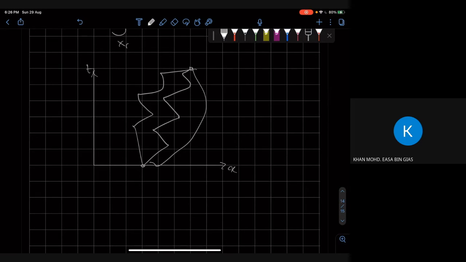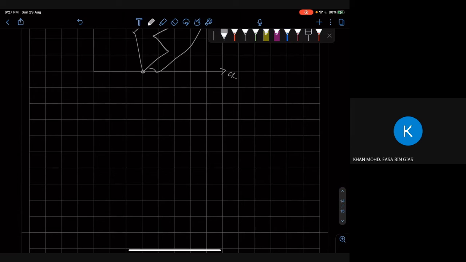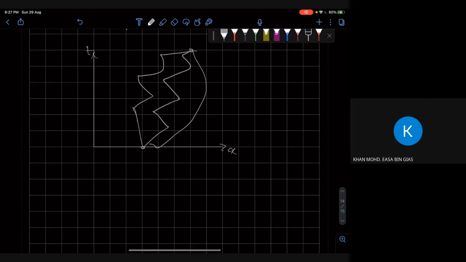So the path integral in configuration space is a continuous object. It may not be differentiable, but it's continuous. But every time the trajectory changes in a non-differentiable way, what happens to the momentum? The momentum changes suddenly.